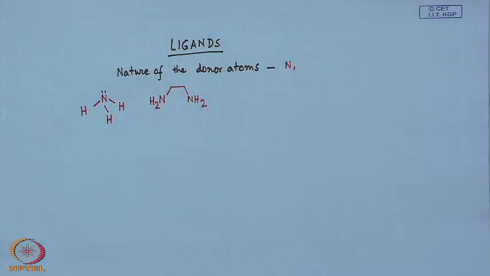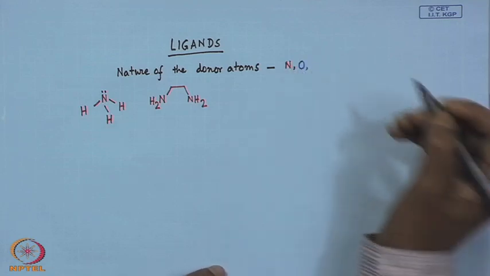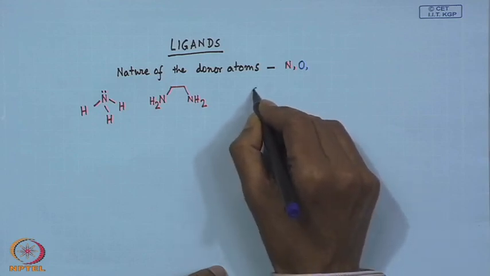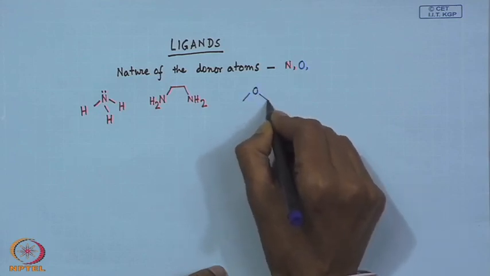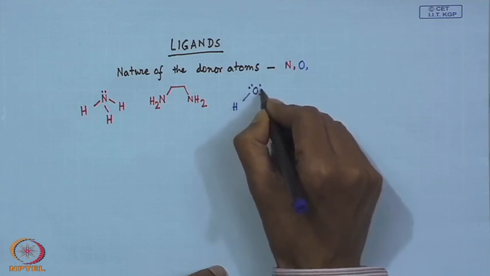So, one is the nitrogen based ligands, then we can have the oxygen based ones. The simplest possible oxygen based monodentate we have seen is water.